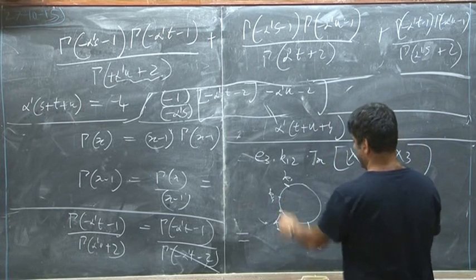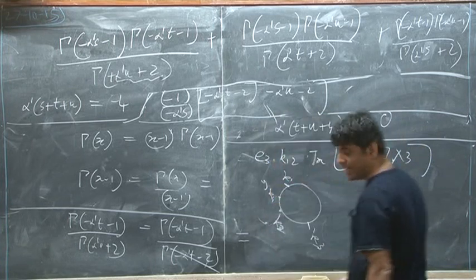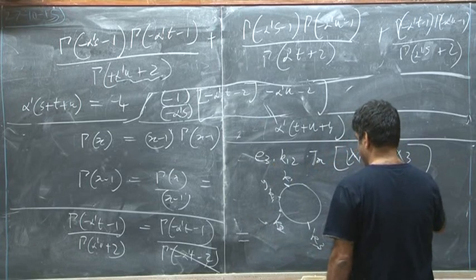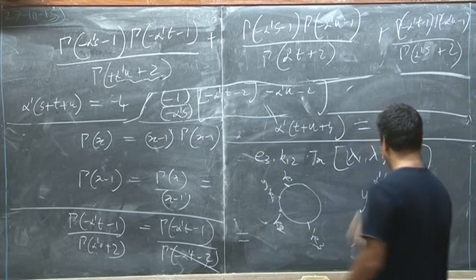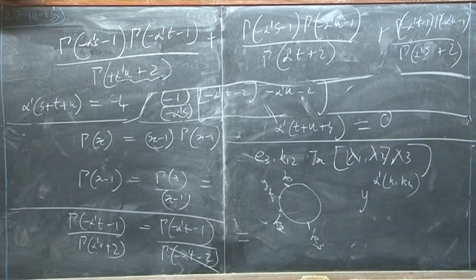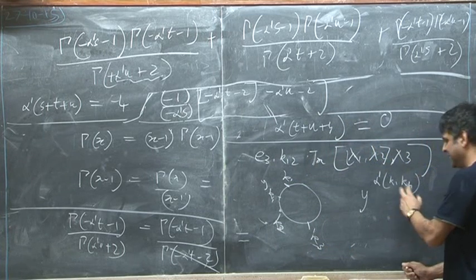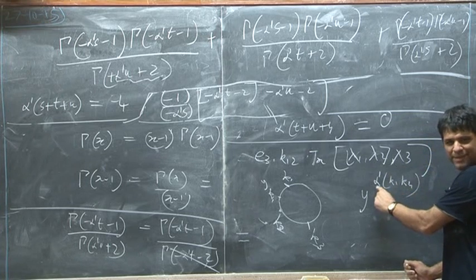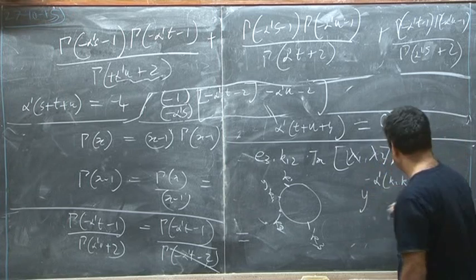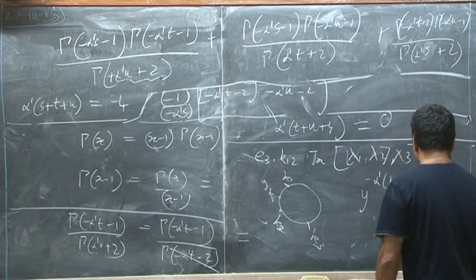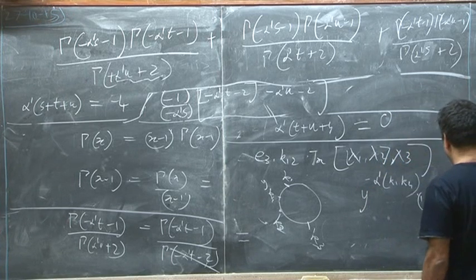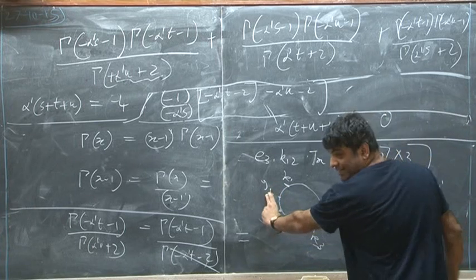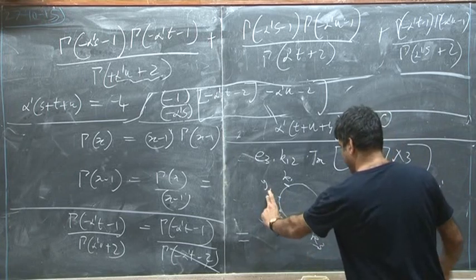Say the location of this one is y. We got y to the power alpha prime K1 dot K4, and 1 minus y to the power of minus alpha prime K4 dot K2.